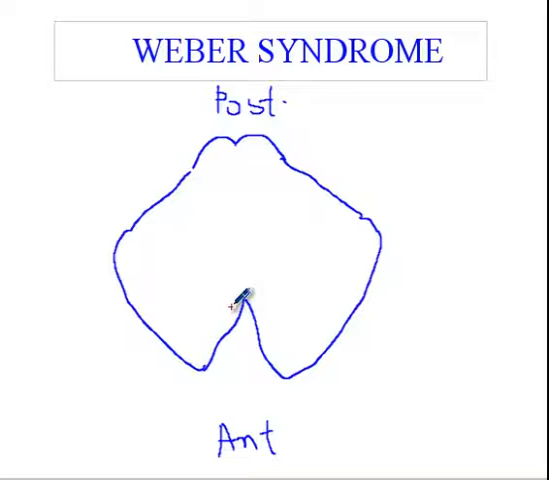I'll use different colors to illustrate different structures. This is at the level of the superior colliculus, so I'll draw the superior colliculus here.